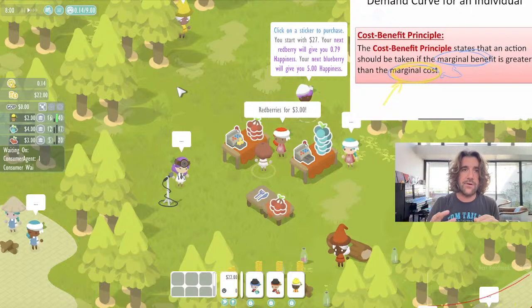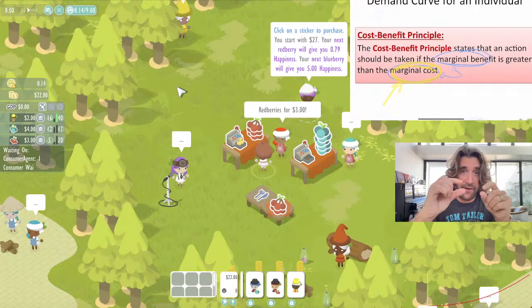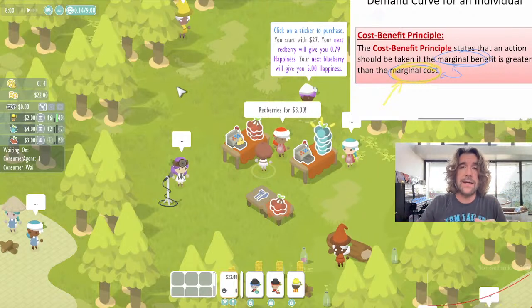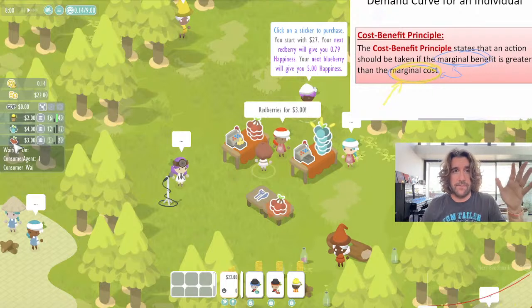In other words, you are trying to adjust the happiness that red berry gives you by the price that you need to pay for it. So you are normalizing the marginal utility of a red berry, making it a per dollar marginal utility.